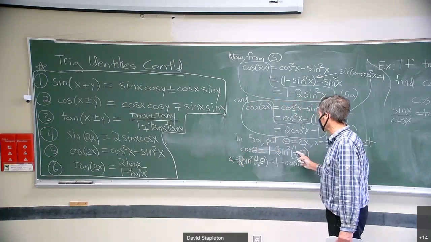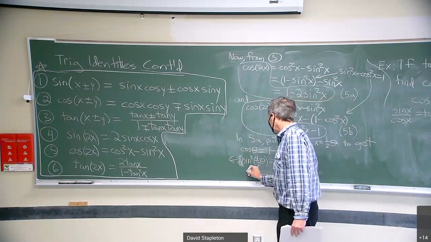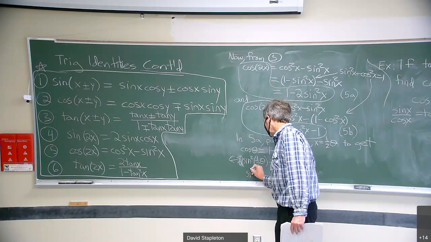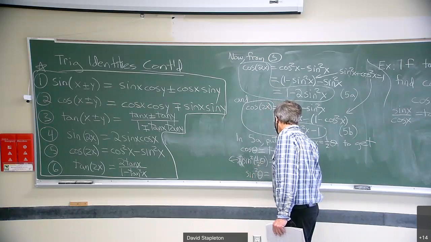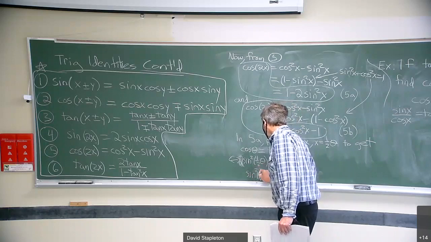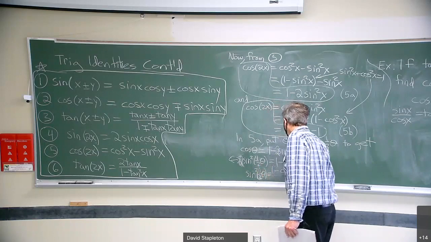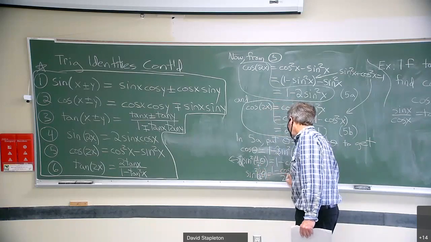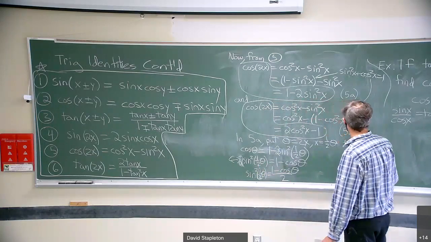I subtract this one over and add this one over, and then divide by 2. And I've got sine squared of 1/2 theta is 1 minus cosine theta over 2. From which I now figure the sine of half an angle by square rooting. And you have to be a little careful here.